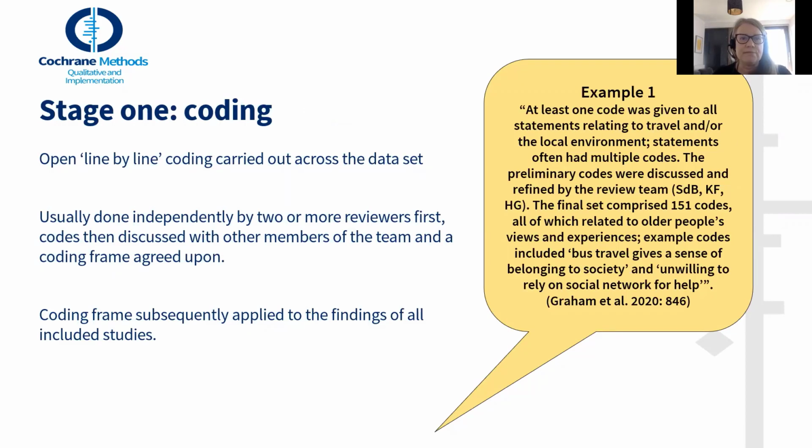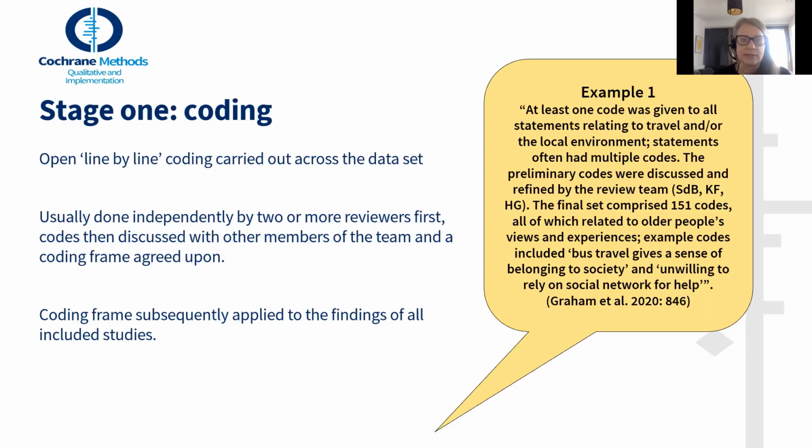So stage one, so across those 3 reviews, all of them carried out open line-by-line coding. And generally, it was done by 2 or more reviewers first, and then the whole review team or other members of the team came together to discuss those codes and agree on a coding frame.